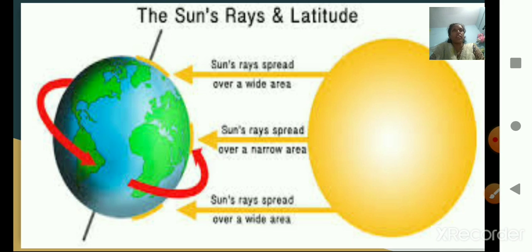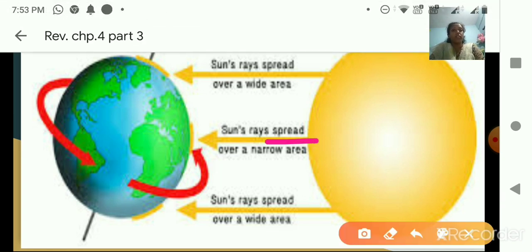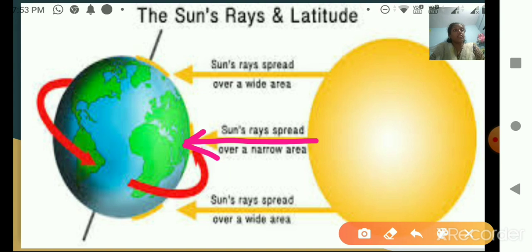As you can see, the rays are direct or vertical at the equator, whereas it is slanting rays over here.